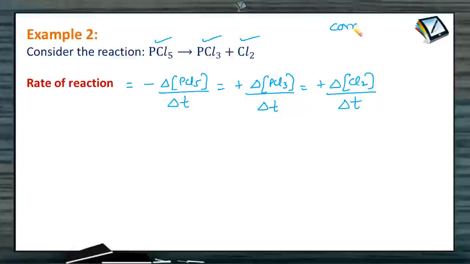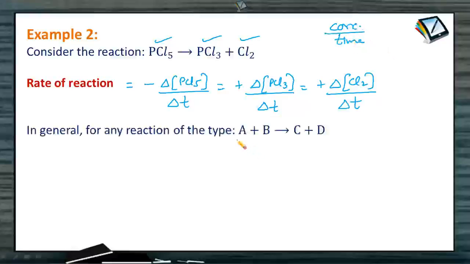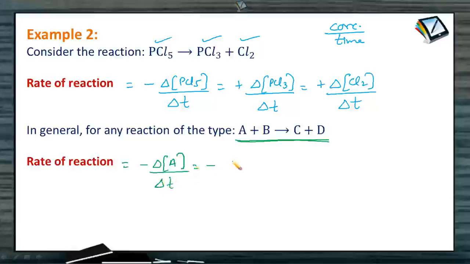And take this general reaction, A plus B gives rise to C plus D. How will we write the rate of reaction for this particular general reaction? It is like this. Rate of reaction is equal to minus of change in concentration of A upon delta t, equal to minus of change in concentration of B upon delta t, equal to change in concentration of C. So here I did not write the positive sign.